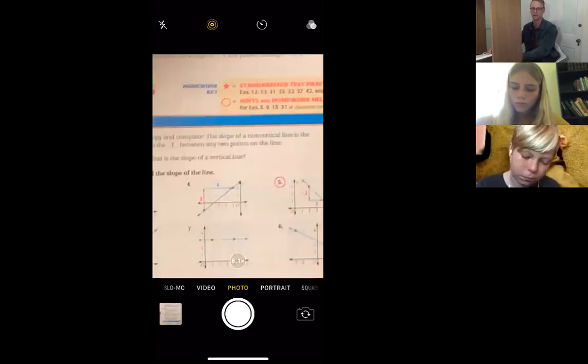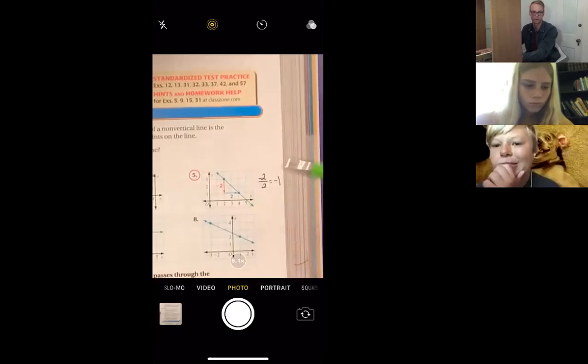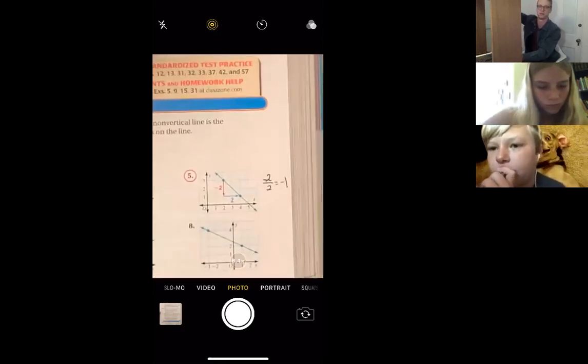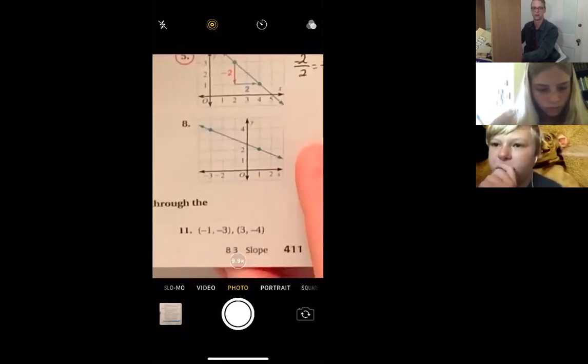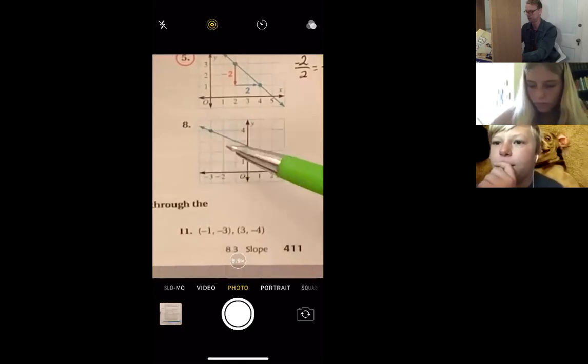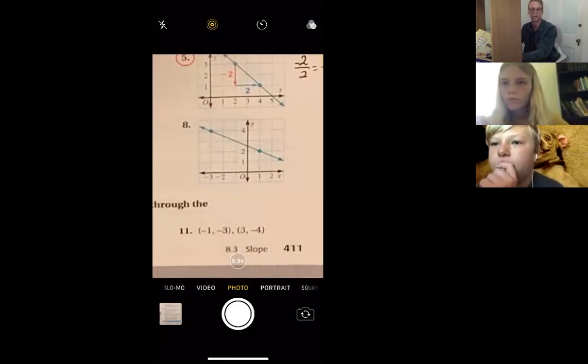Orion, you're up. 8. So this one's tricky. You have to go down first, starting left to right, going down first. Okay. Number 8. There you go. Going down first. So how many do you have to go down? 4. Remember, this is where the first point is.